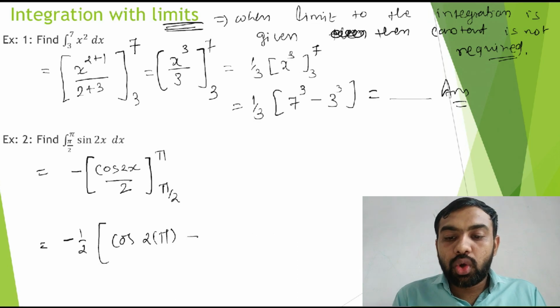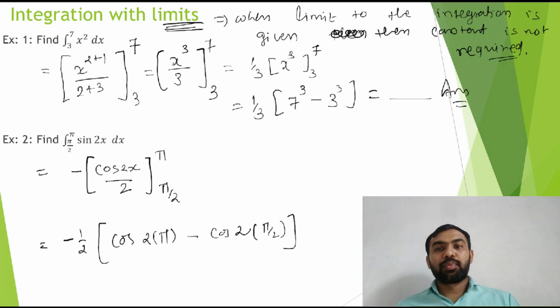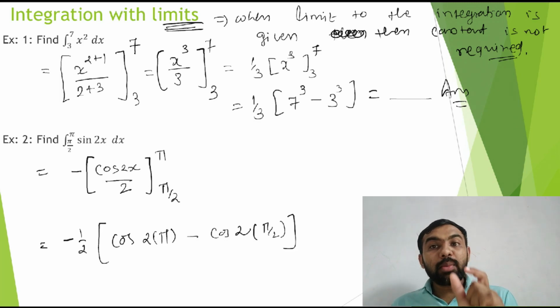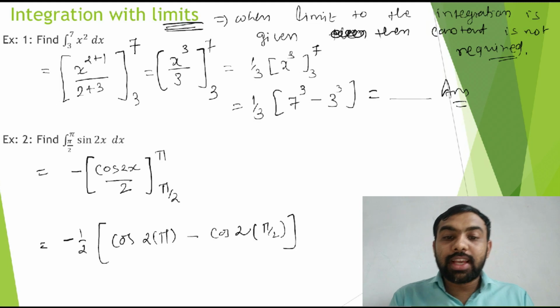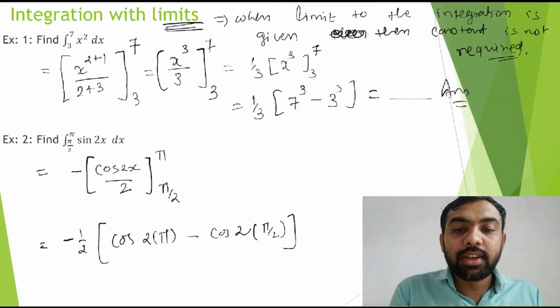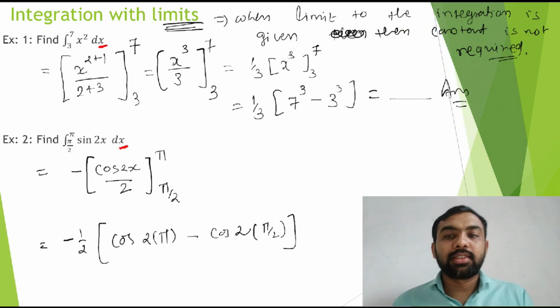So minus cos 2 as it is and pi by 2. See, I am only replacing the x, I am not replacing the total terms. I am just putting the value of x, whatever is given here, x.